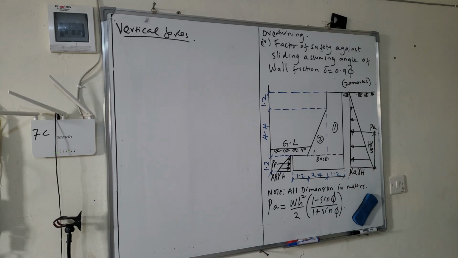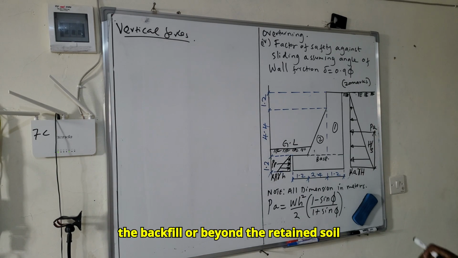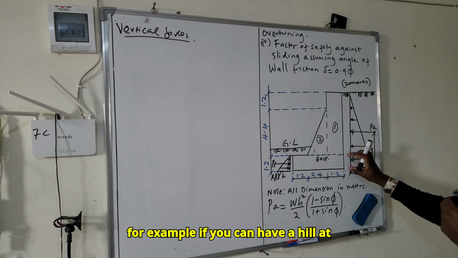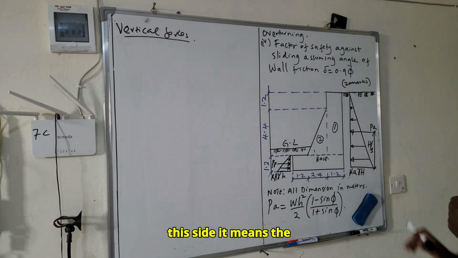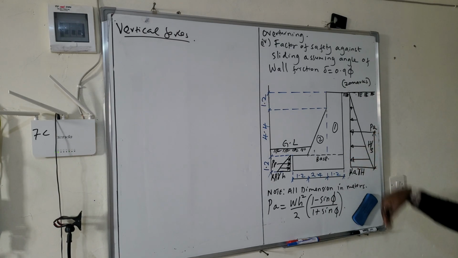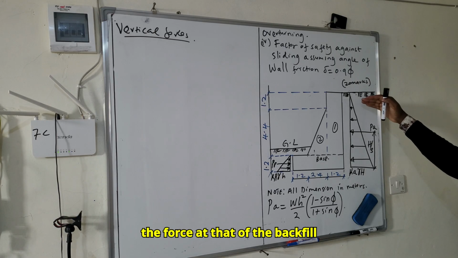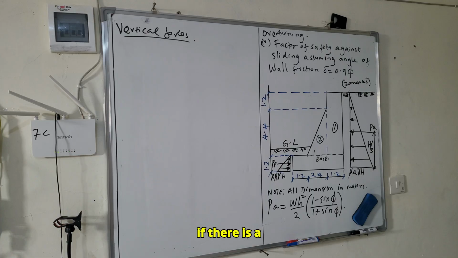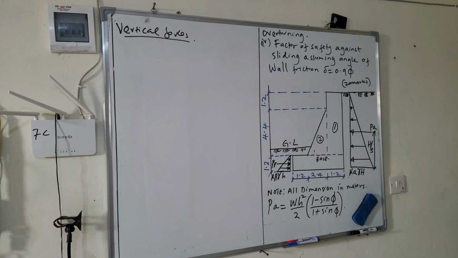The vertical forces will be the forces as a result of the self weight of this retaining wall, and also if the retaining wall is extending beyond the backfill or the retained soil. For example, if you have a hill at this side, the backfill will have an effect on the vertical forces.